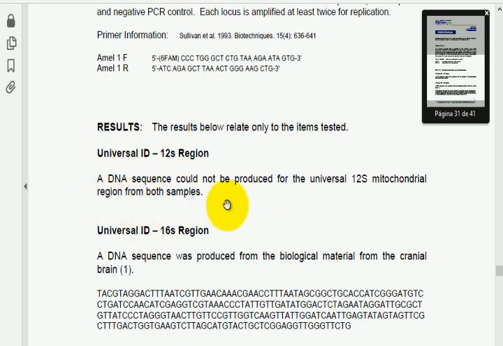Remember, we have 2 samples. One is cranial brain, and the second is bone from the hand, extracted from the mummy of Nazca with the name Maria.